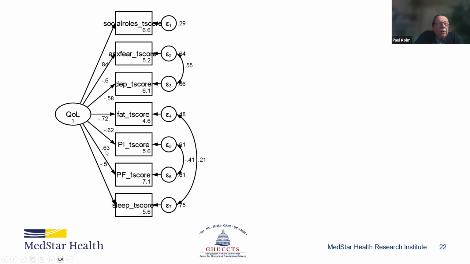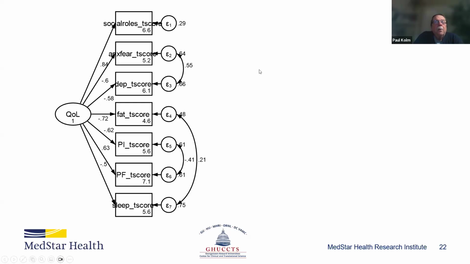And you have a positive one with the physical function score, which you'd expect, but negative factor loadings on all the others. Then we have our error variances here, and then I've put in a couple where I think there might be correlations. So obviously, I would guess that there'd be a correlation between anxiety and fear, and fear and depression, and there is. It's 0.55. And then a correlation here between fatigue and sleep. And again, there is some correlation here.